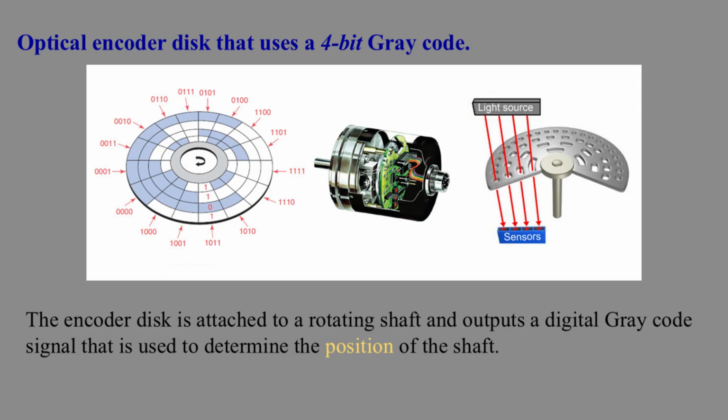For example, a 4-bit Gray code encoder can track 16 distinct positions. As the shaft rotates, the encoder outputs a sequence of Gray code signals that represent the shaft's angular position. Because of the 1-bit change rule, the system is less likely to register errors when the shaft is moving quickly or when the sensors are not perfectly aligned.